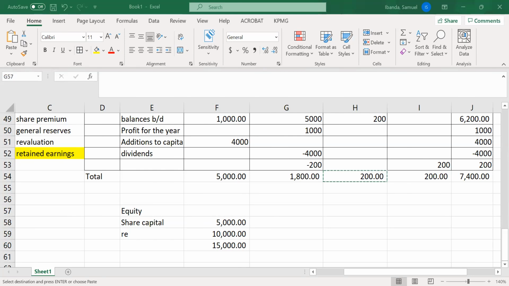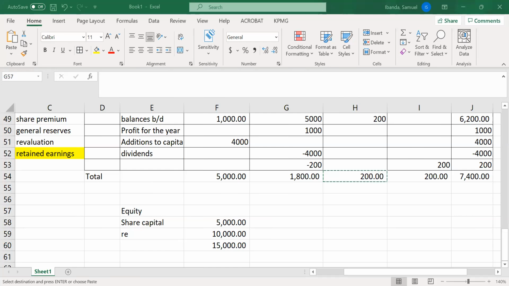We didn't go into cases of changes in partnerships, which is also a key area that you need to be able to look at, because sometimes the examiner may not ask you just to prepare financial statements for partnerships. They can also ask you to cater for changes in partnerships.